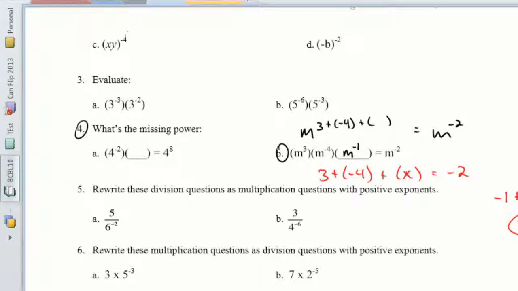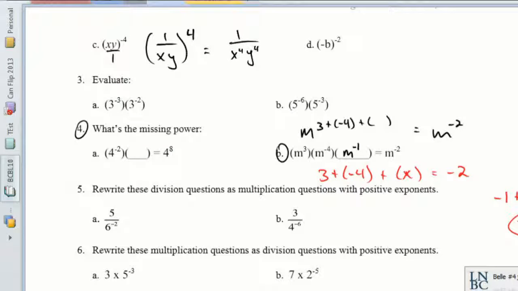In order to get this positive, I'm going to take the reciprocal of whatever's there. So this is x over y, or x times y over 1. If I want my power to be positive, I'm going to take the reciprocal of everything inside the bracket. So I'm going to get 1 over xy to the power of 4. And it's possible that they went x to the 4, y to the 4, simplifying everything inside the bracket with a 4.